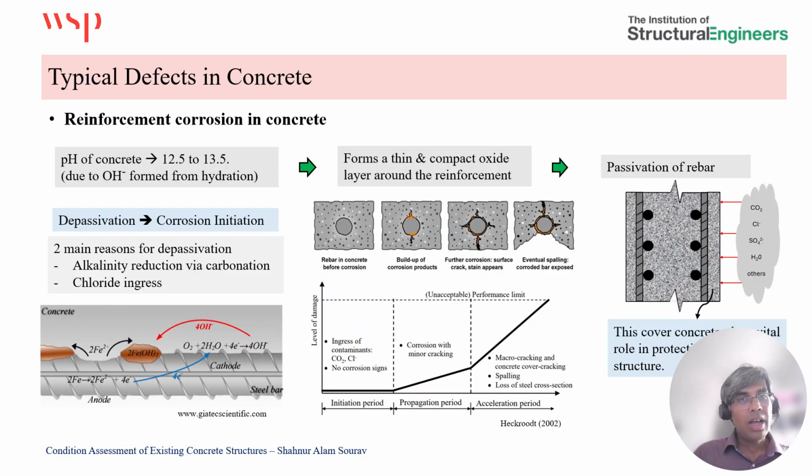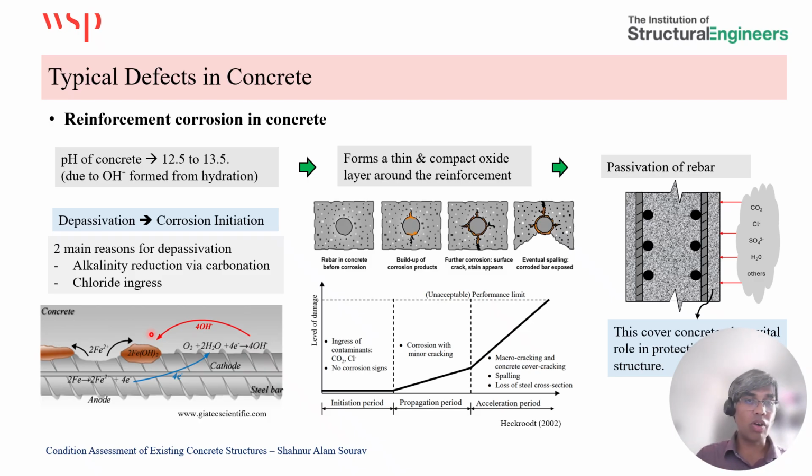So yeah, corrosion of reinforcement is the most encountered durability issue in the industry. Usually, the reinforcement is protected within the concrete. This is mainly because of the high alkaline nature of the concrete. Usually, the pH of concrete varies between 12 to 13.5.